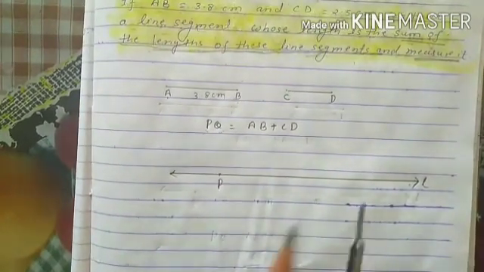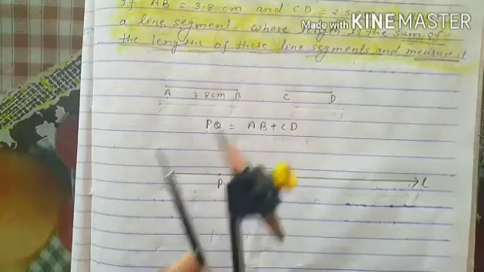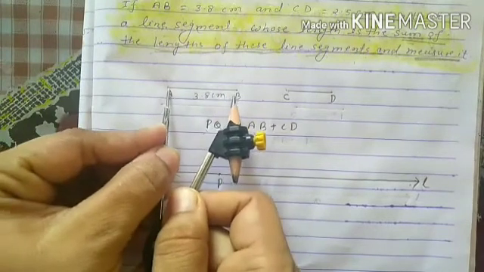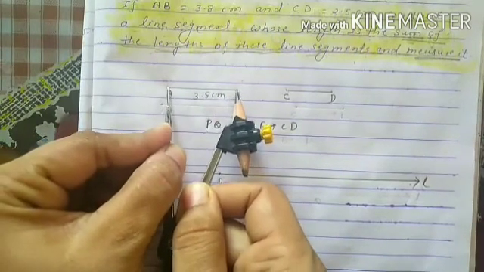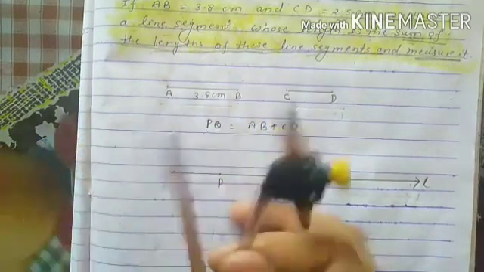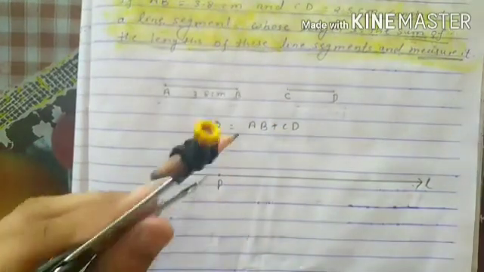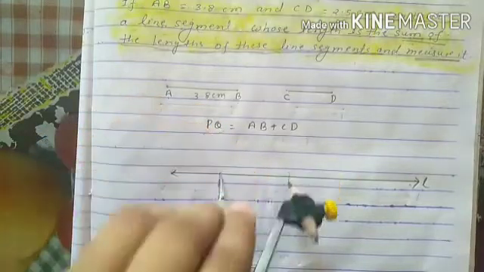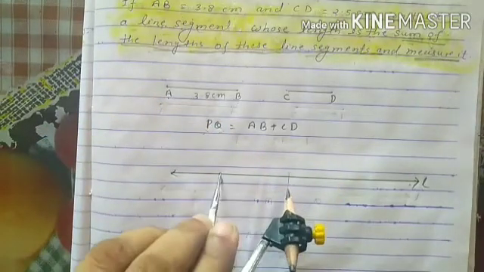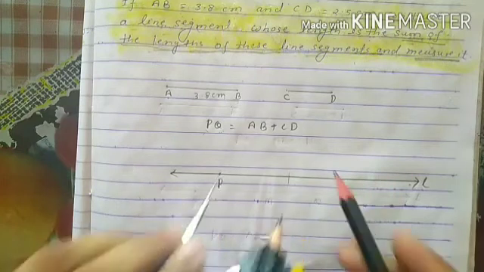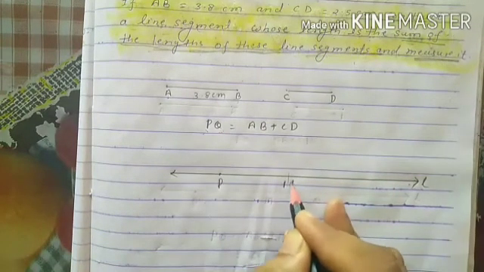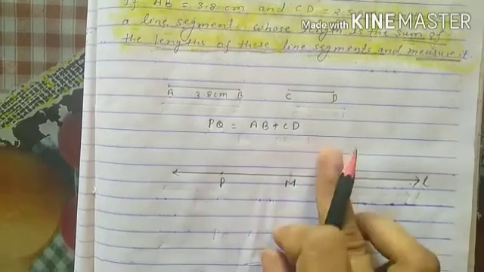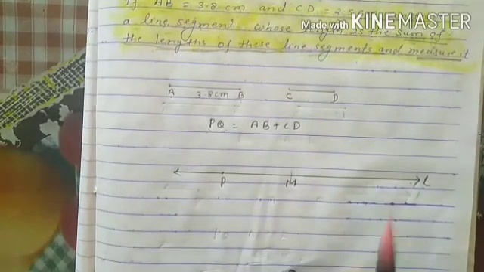Now open the arms of the compasses and keep the metal end at point A and pencil point at point B. Now without disturbing it, keep the metal end at point P and draw an arc which cuts the line at point M. Let us give this point the name M. Now we have to construct AB plus CD, so we have to move right.